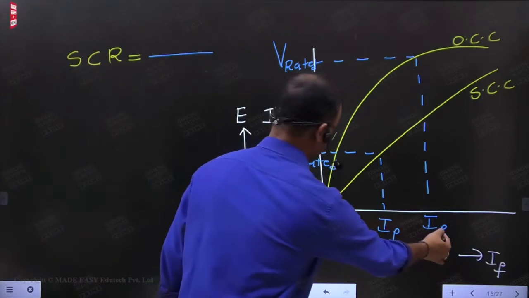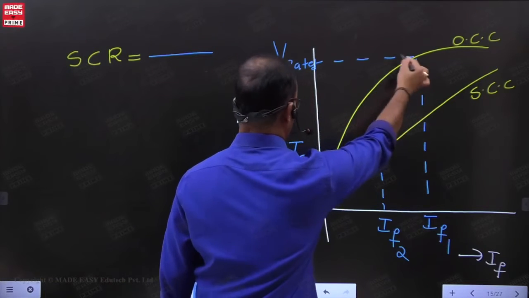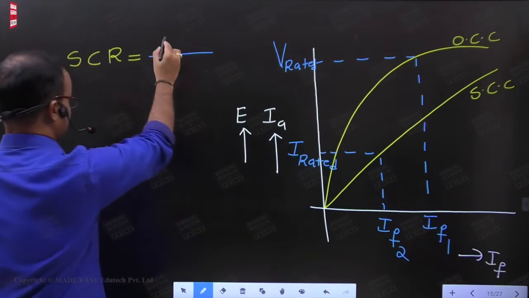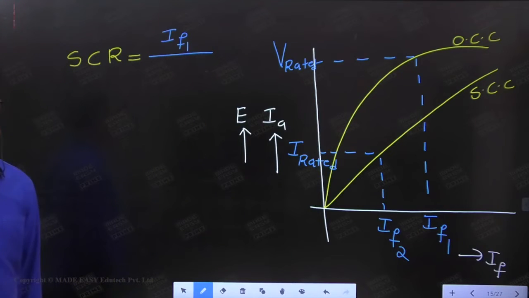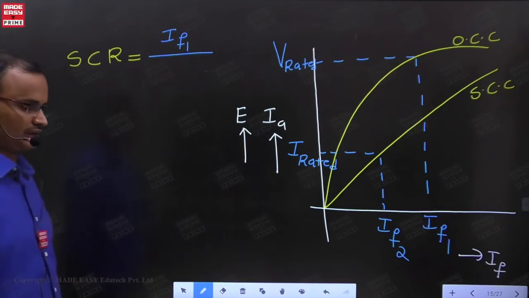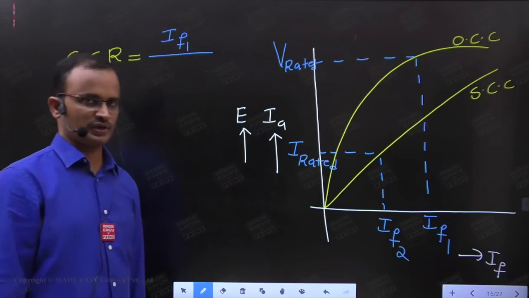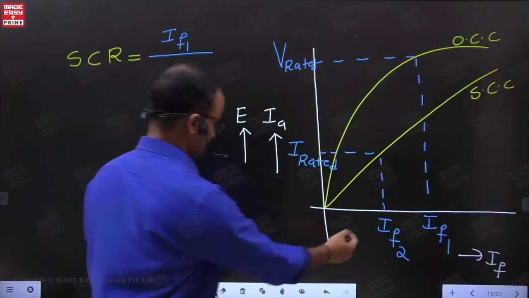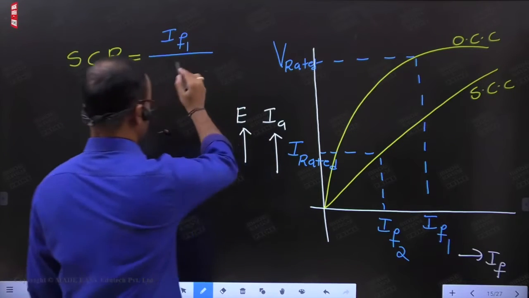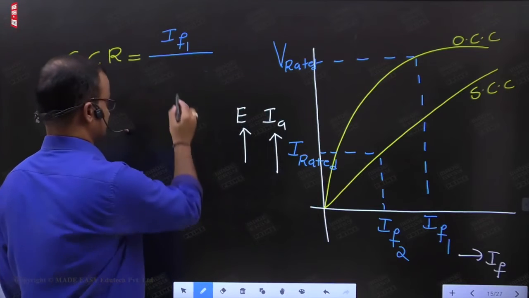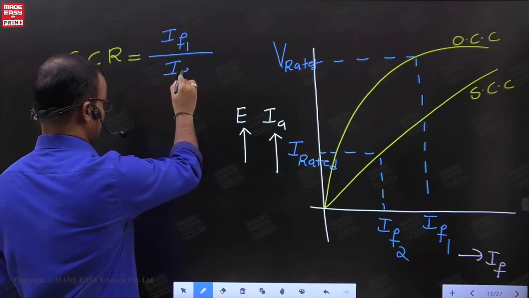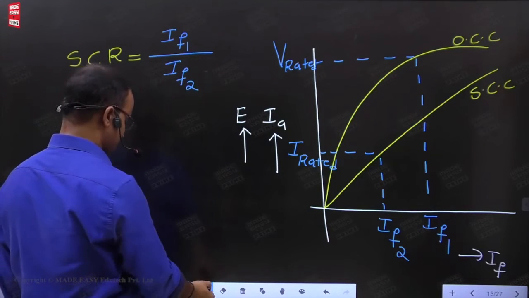Take it as IF1. IF1 is the field current required to produce the rated voltage. Come to the denominator. Here the denominator is the field current required to produce the rated armature current.